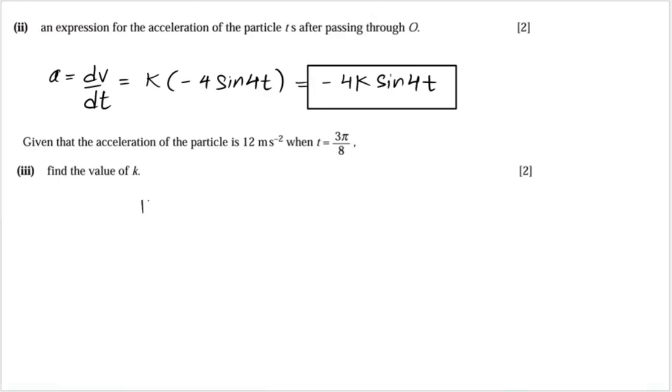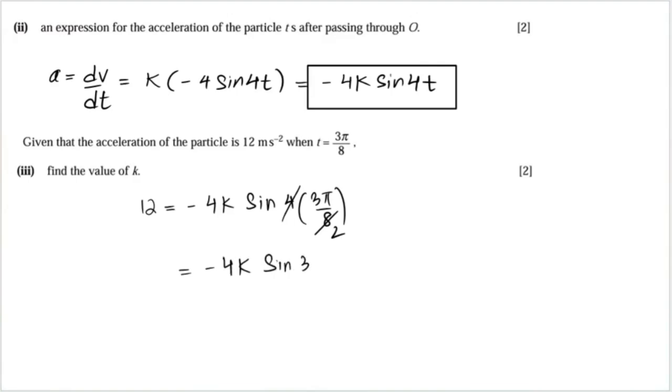In place of a, I put 12, and in place of t, I put 3 pi over 8, so 12 equals negative 4k sine of 4 times 3 pi over 8. The 4 and 8 simplify, and this is negative 4k sine 3 pi over 2. You can either use your calculator to get this value, or if you know it, this is 270 degrees, and sine gives negative 1 at 270, or 3 pi over 2. So we get 12 equals 4k, so k will be 3.